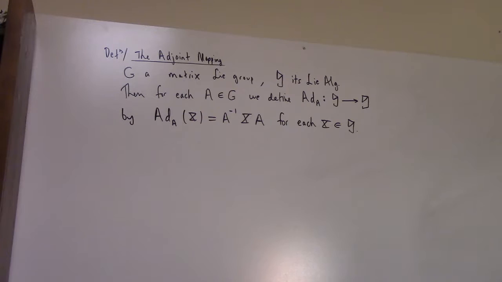Perhaps the algebra is a set of differential operators, whereas the Lie group is a point set, and you couldn't just multiply before and after an operator by something in the point set. It wouldn't make sense. But there's a generalization of this which makes sense in the more abstract Lie groups. But here it's matrix Lie groups, which is a nice starting point. The fact that it's linear, I think, is immediate from the formula. What else can we say about it?